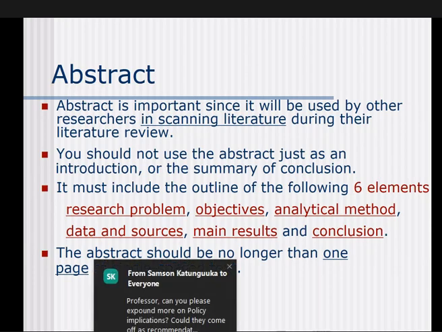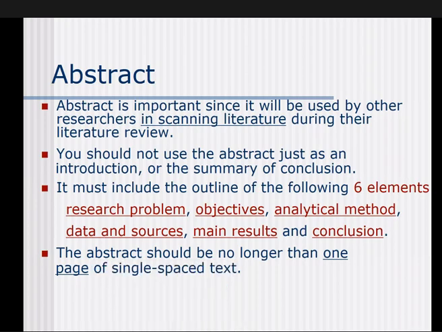And you should not use the abstract just as an introduction or the summary of conclusion. This abstract must include the following 6 elements. None of these 6 elements should be left out within the abstract. 1, the research problem. It must be there in the abstract. 2, the objectives. The objectives must be there in the abstract. 3, the analytical method.